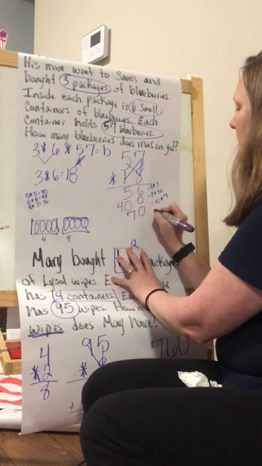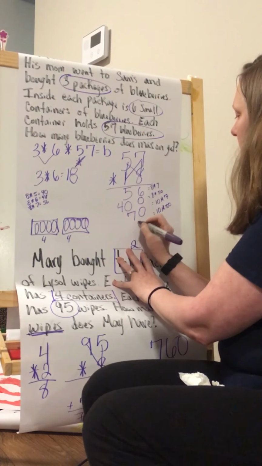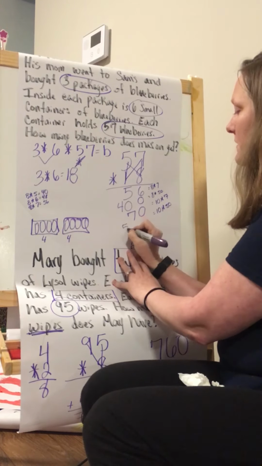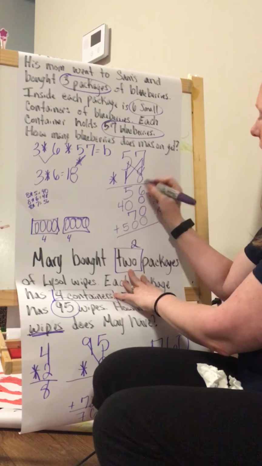And then 10 times 50, because the 1 is in the tens place and the 5 is in the tens place. And this would be 10 times 1 is, 5 times 1 is 5. And you have your 2 extra zeros with those extended facts, making it 500.